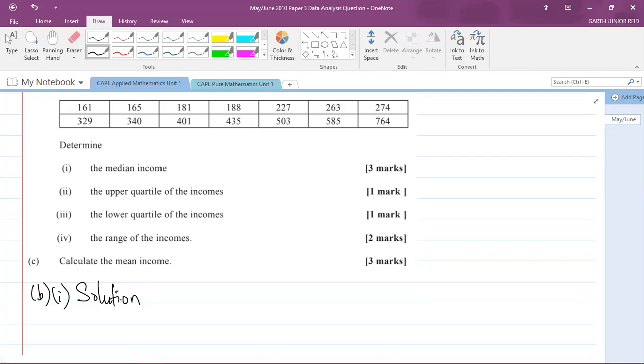You should remember that the median is the middle value after arranging the data in order. If you look carefully, we have 161, then 165, 181, 188, etc. Clearly you can see that they had already arranged the data in order for us.